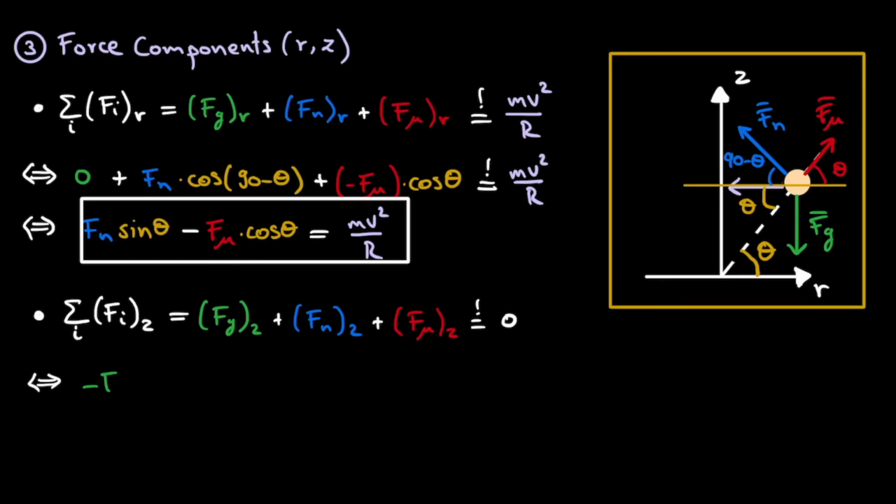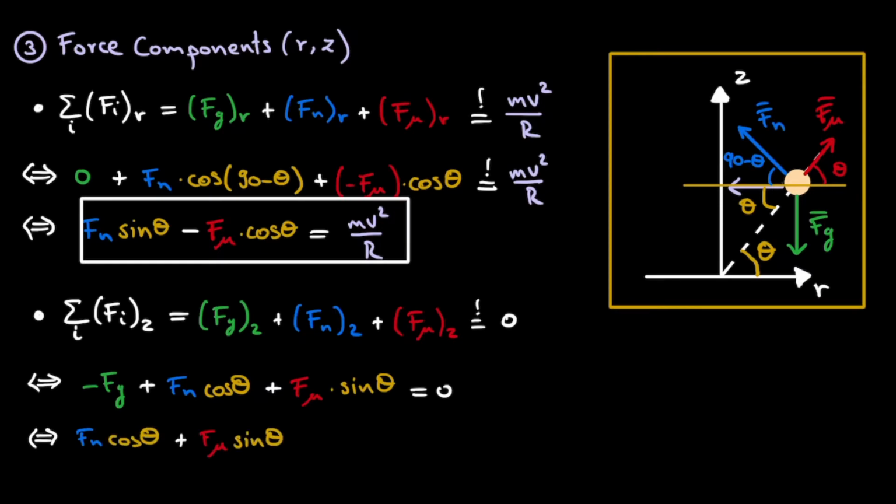For the force of gravity, we see that it simply points in the negative z direction, and therefore it becomes the negative magnitude of the force of gravity. For the normal force, we simply have the magnitude of the normal force multiplied by the cosine of theta, and for the frictional force, we have the magnitude multiplied by the sine of theta, and this has to be 0. Again, rewriting this equation and filling in that the magnitude of the gravitational force is the mass times the gravitational constant, we get our second equation.